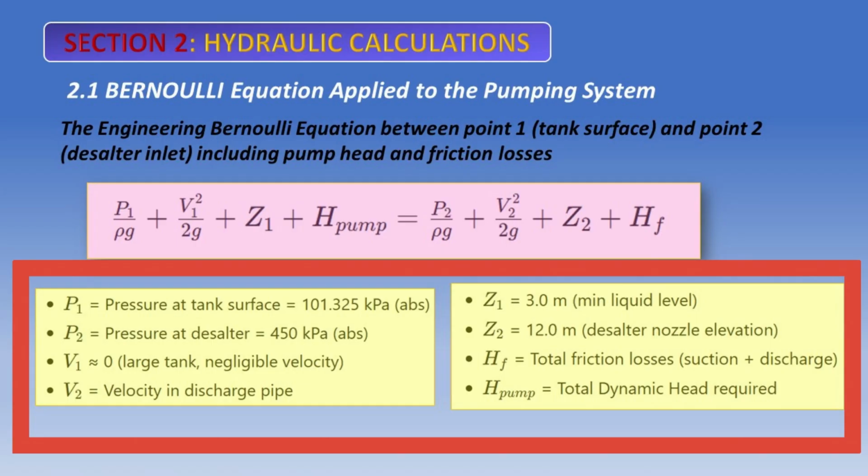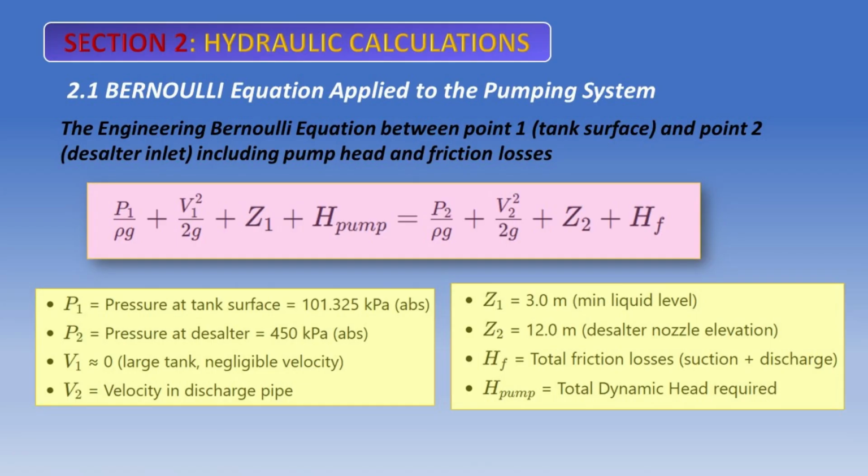The pump head, H sub pump, is the energy we add, and the H sub F is the energy loss due to friction. We assume the velocity at the tank surface is essentially zero, as it is a large tank. Our main goal is to solve this equation for H sub pump, which is the total dynamic head required.